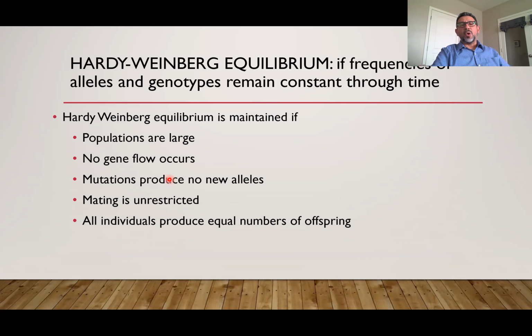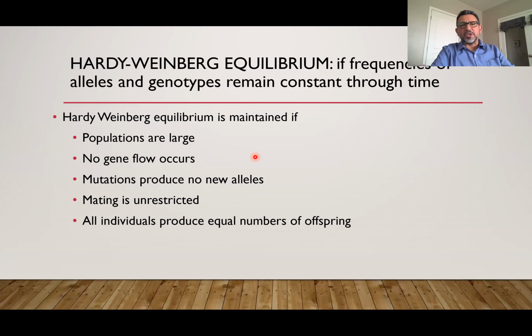What else? Oh, for a population to be at equilibrium, the mating is going to be unrestricted. Finding mates, reproducing. Any member of a population has an equal chance of finding a mate and successfully going through the process of reproduction. And if that's the case, then we have to add a fifth condition, and that is going to be that all of the members of the population would have to produce equal numbers of offspring.